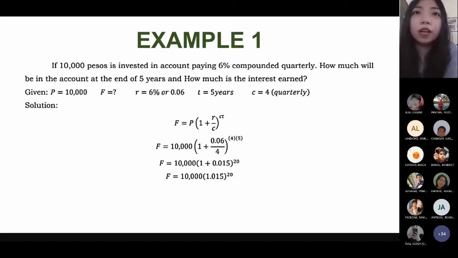And then simplify muna, unahin muna natin yung nasa loob ng parenthesis. 0.06 divided by 4, that is just equal to 0.015. And then add it to 1, we will have 1.015.